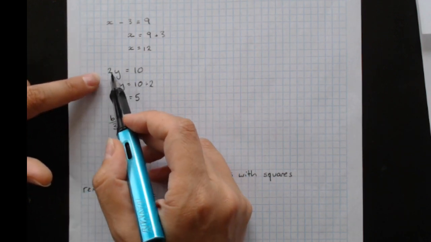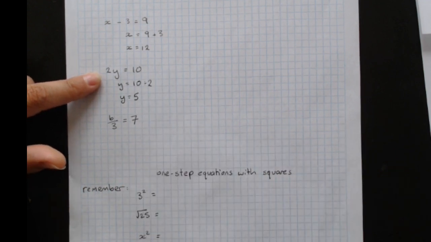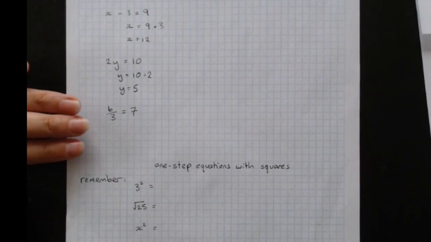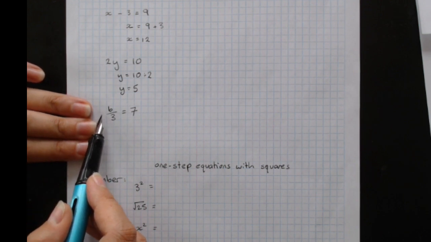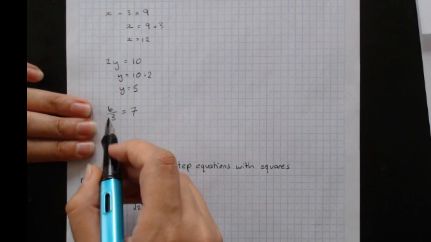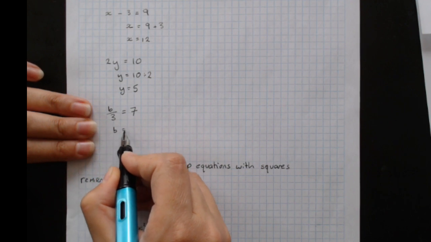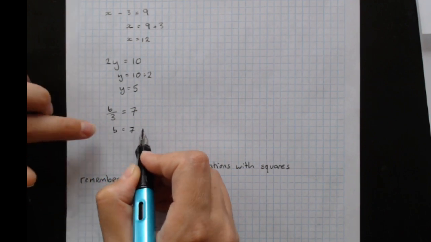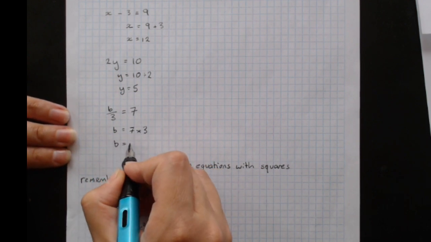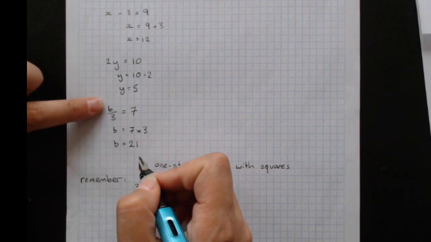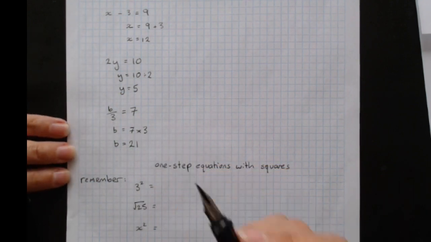And we double check, 2 times 5 is 10. Yes, we're right. Here's one. b, our number that we thought of, divided by 3 is 7. So to get back to our original number, we've got to reverse what we did. 7 times 3, so b is 21. Quick check, 21 divided by 3 is 7. We're right.